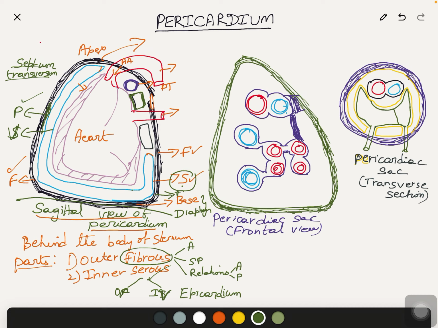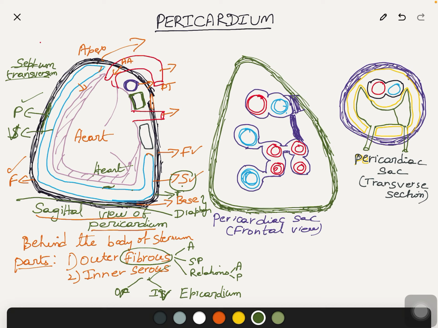So this visceral layer, or epicardium, covers the heart. This is the heart we have seen. It covers the heart and the roots of the great vessels attached to the heart. It is separated from the myocardium by subserous areolar and fatty tissue.